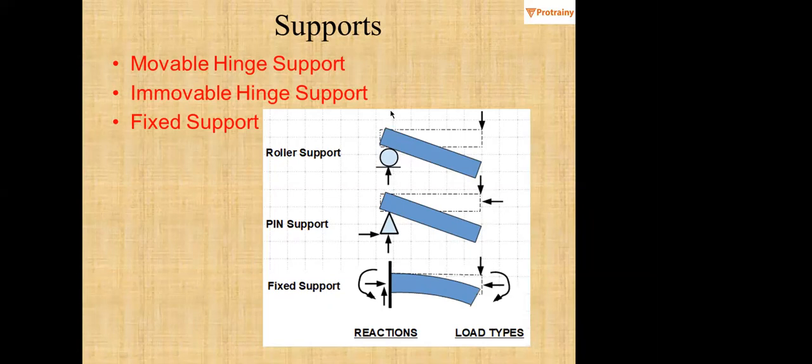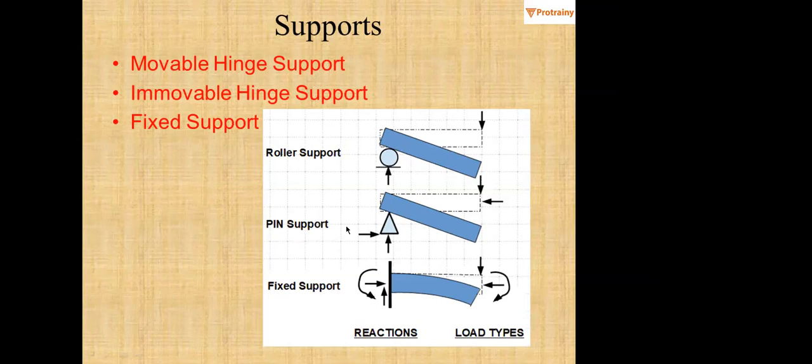That movement is restricted. But because it's a roller, it can move to and fro, and the end of the beam can rotate around this support. So the only obstruction we are providing is vertical movement, so we end up with one reaction.